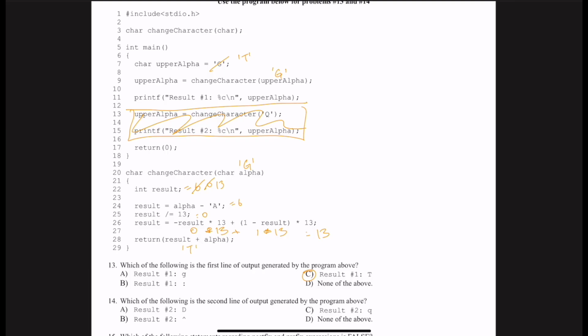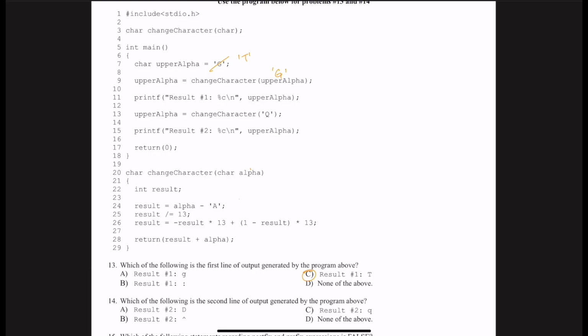Moving on to question 14. Now we're going to evaluate the rest of the program. So let's free up that space and reset our work down below. So from the last question, we know that upper alpha is now t. But in this case, it actually doesn't matter.